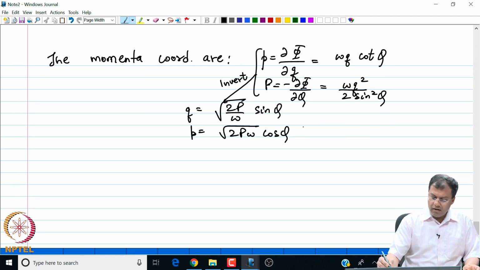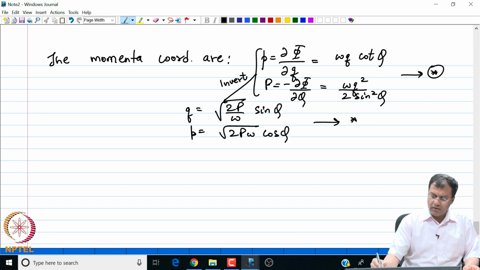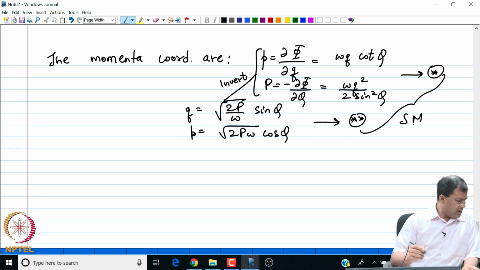Let me call this star and this relation double star. So star and double star are my symplectic maps from one coordinate frame to the other.